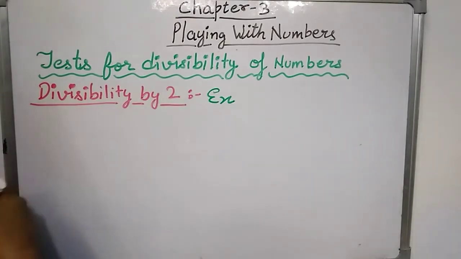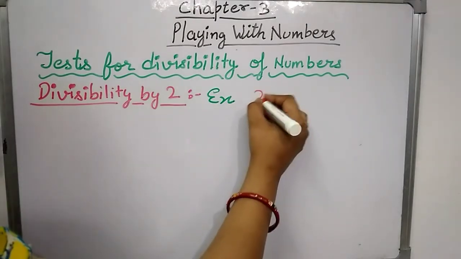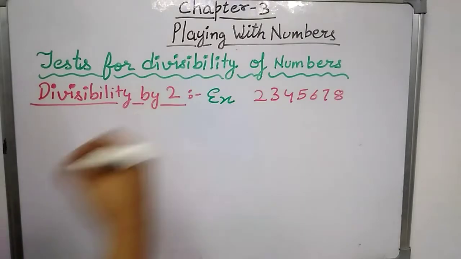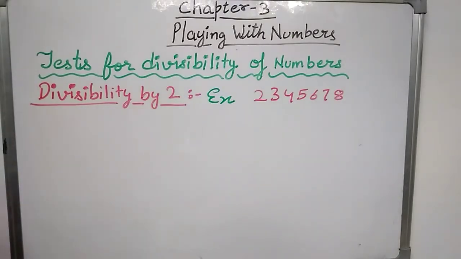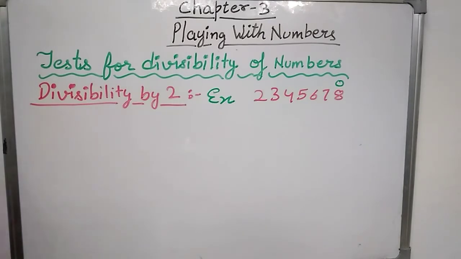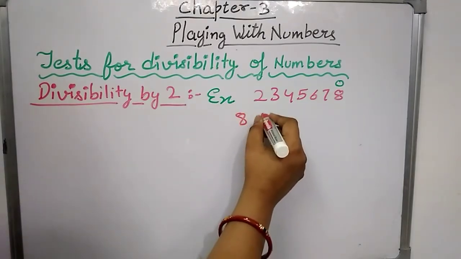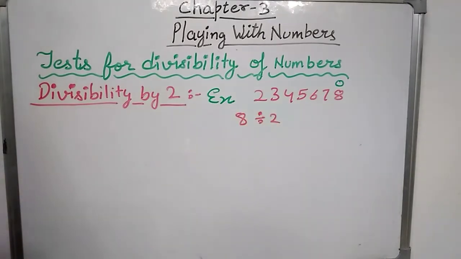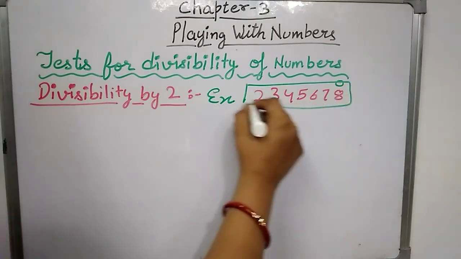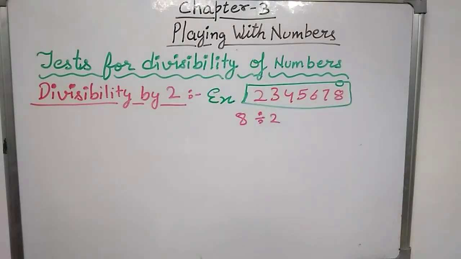For example, let's take a number. Here at the ones place, the digit is 8, and we know 8 is divisible by 2. Hence this number is also divisible by 2.